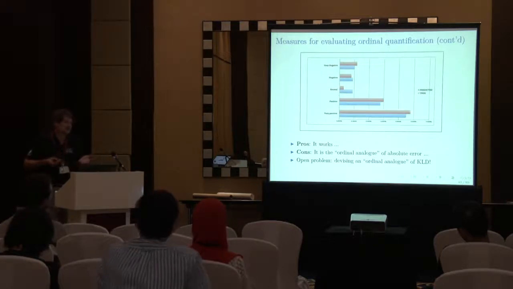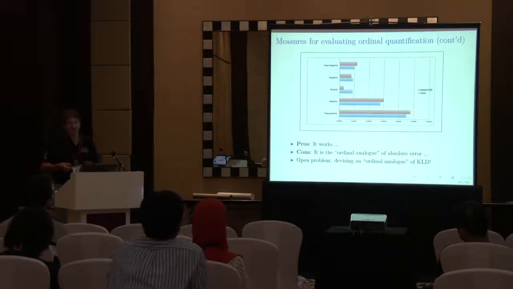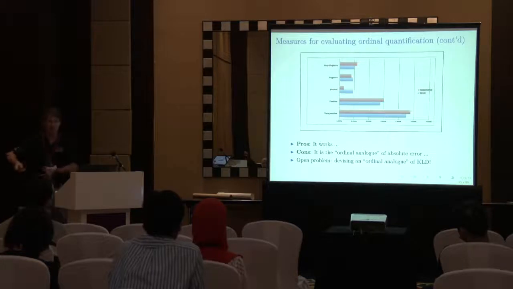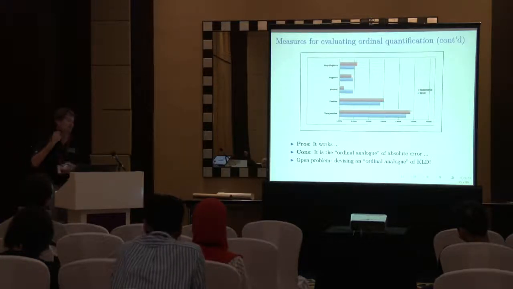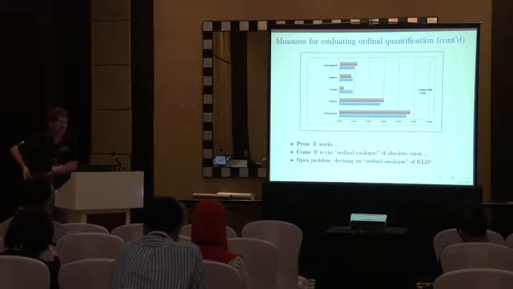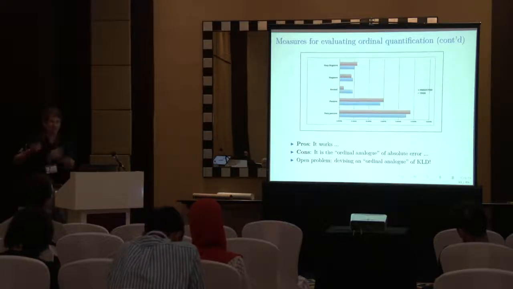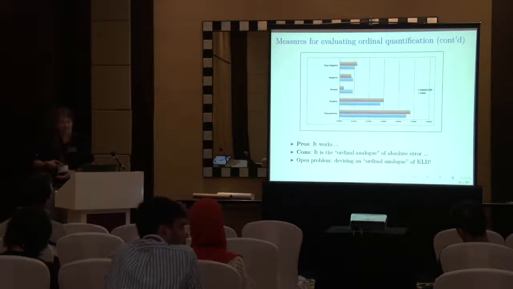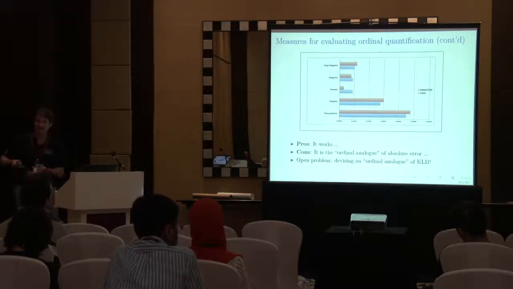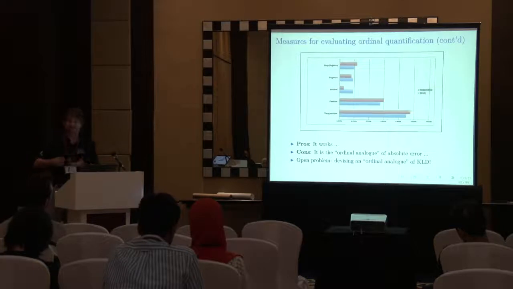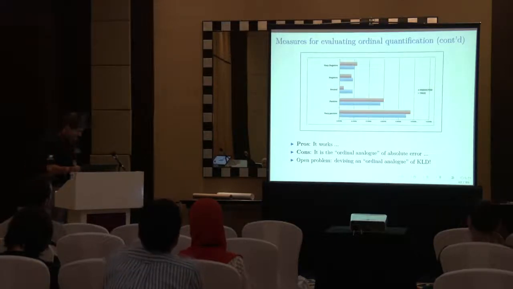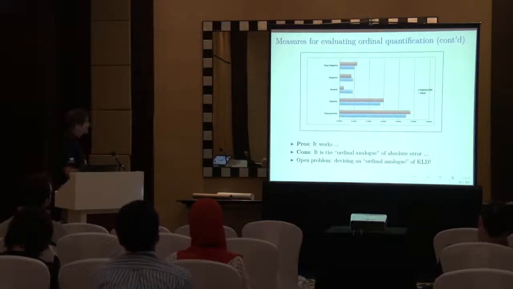It's called Earth mover's distance because it assumes that there is a worker that moves piles of Earth from one pile to the other, and his effort is measured not only by the mass of Earth that he needs to move, but also by the distance he needs to travel. Just to give you an example here, the idea is that here you have some overestimation of the very negative class.